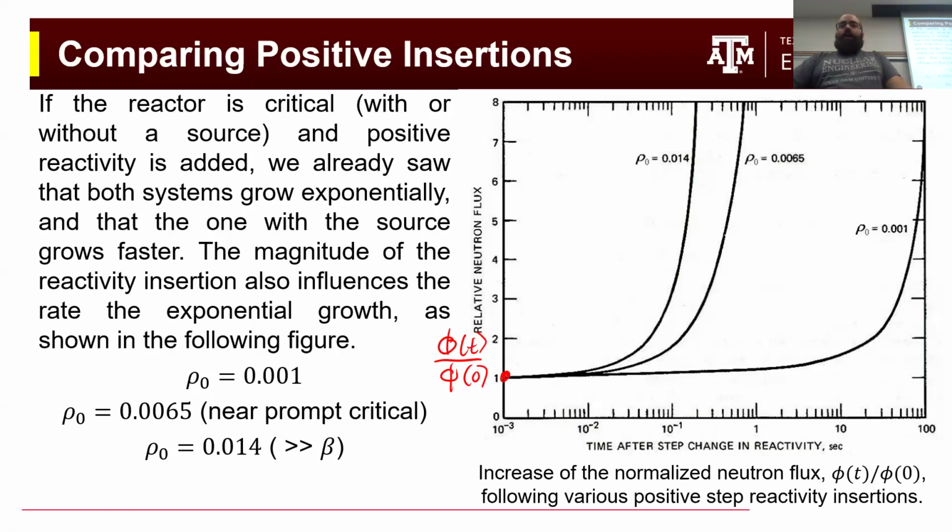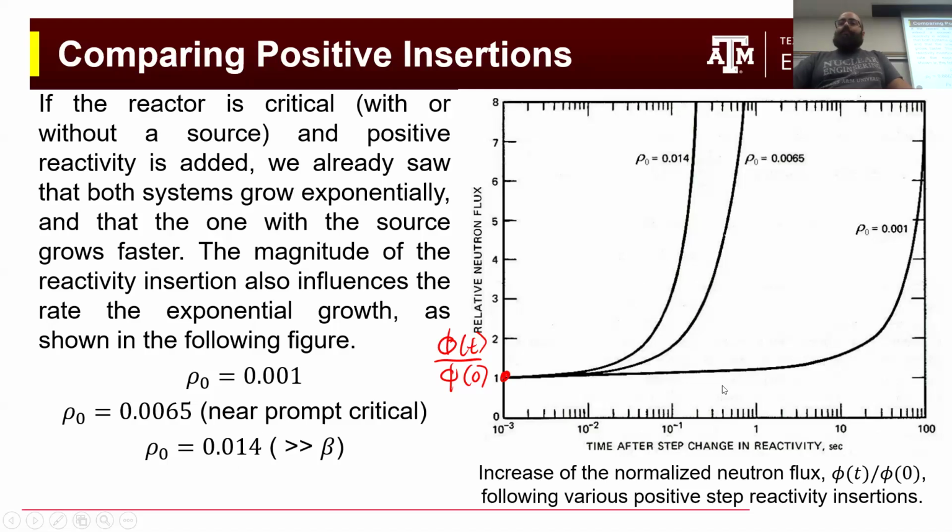And these different cases just correspond to different values relative to beta. Basically, rho 0 of 0.01 is where rho is less than beta. Rho of 0.065 is where we basically have rho equal to beta and we're basically prompt critical. And then the last one is a rho zero of 0.014, which is much greater than beta.